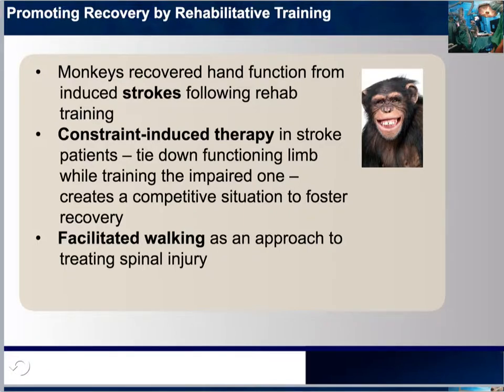Another rehabilitative training that is not invasive at all is what we call the facilitated walking. And it basically consists of helping individuals with spinal injuries that are not capable of walking anymore. And so what we do is we support them with a harness and we put them on a moving treadmill. The majority of their weight would be supported by the treadmill, but they'd be providing feedback as they gradually learn to make walking movements.